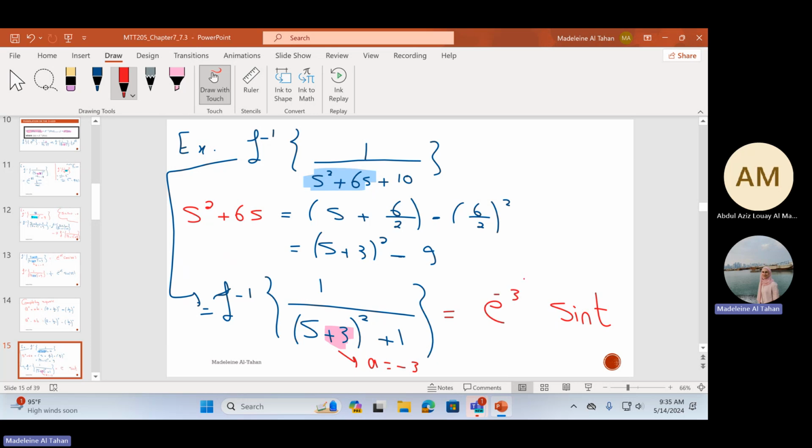So we will multiply by negative 9. Negative 9 plus 10. You already have plus 10.